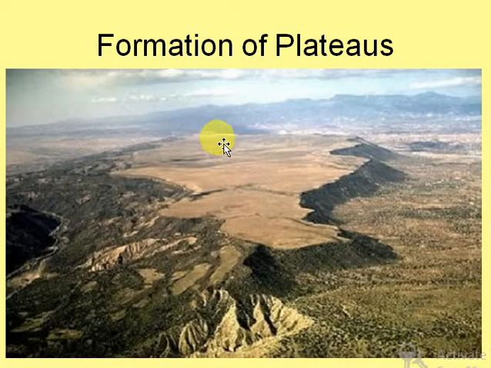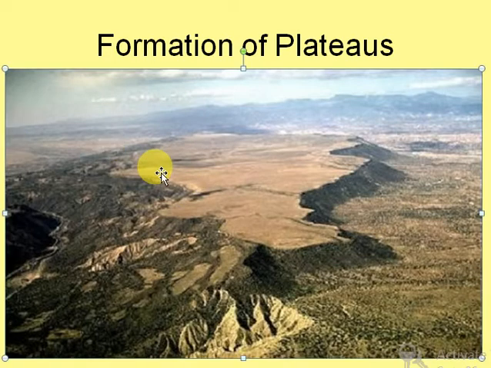Look at this picture, a very good example of the tectonic plateau. The plate movement has resulted in the formation of this flat topography, and after a period of time, due to erosion or weathering, this might have resulted in the flat surface, and this is how the tableland topography of plateaus is formed.